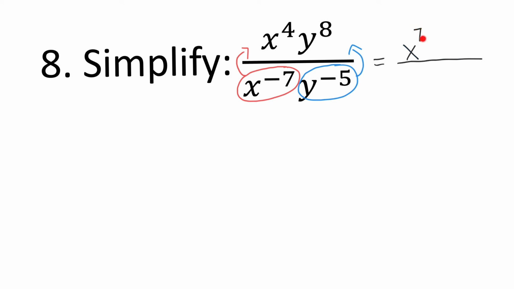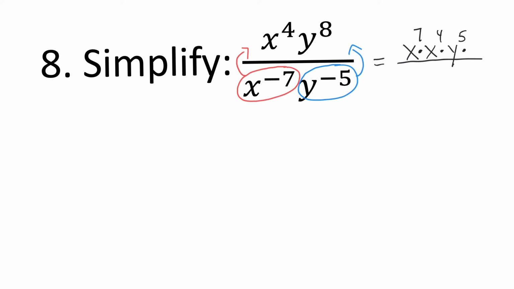The exponent becomes positive. That's what happens when you move it to the other side of the fraction. I do have an x to the 4th power, and they are multiplying because they're side by side. So you will multiply x to the 7th times x to the 4th. And then I'm going to take the y to the 5th power. The exponent becomes positive, and I am multiplying the x and the y.